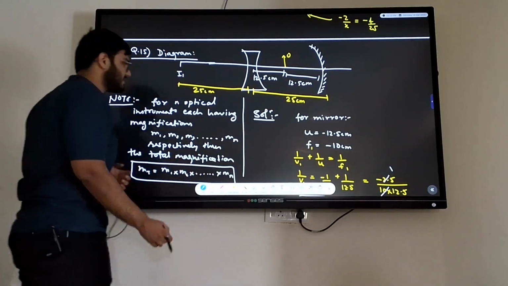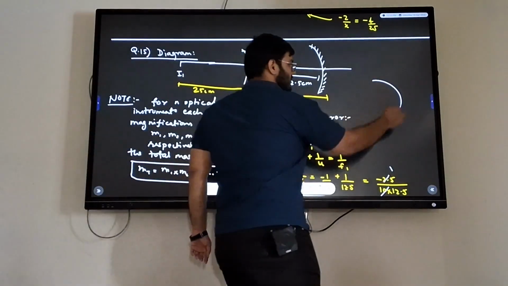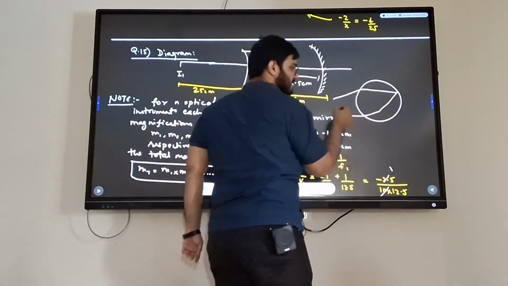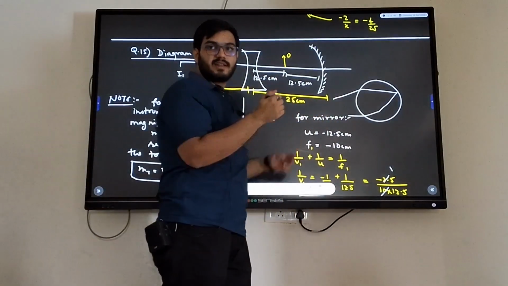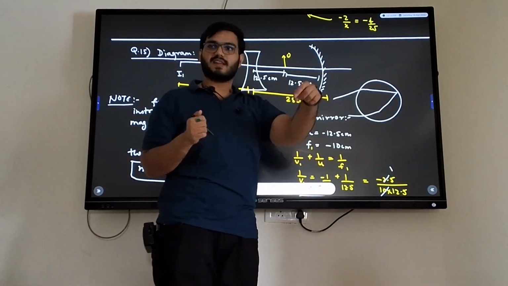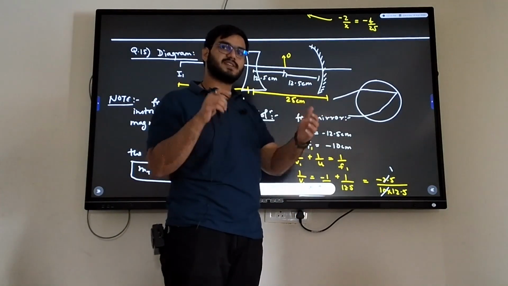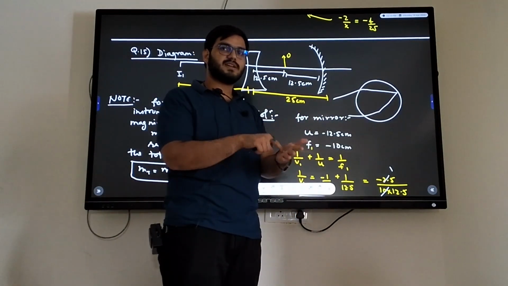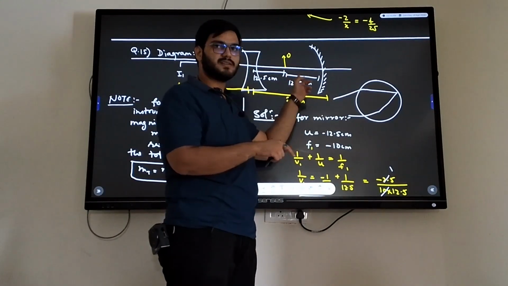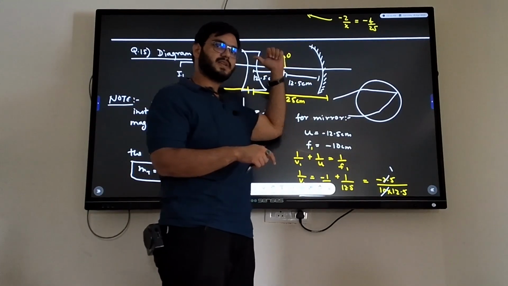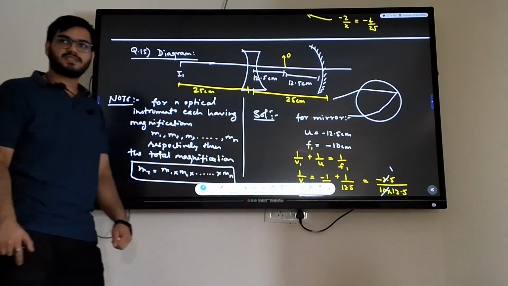Do you understand? So the sign convention changes. Do you remember that we did one question like this, and we assumed two sign conventions, one like this and one like that? Why? Because the incident ray which is hitting the instrument is now in this direction, so your sign convention changes.